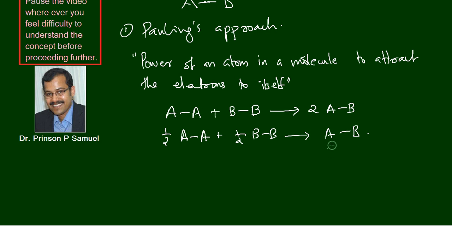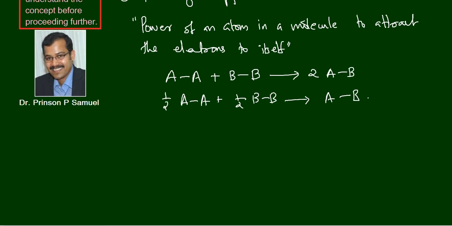Now what Pauling did is that Pauling considered the bond energies or bond dissociation energies of the different molecules involved here. The molecules involved here are AA, BB, and AB.